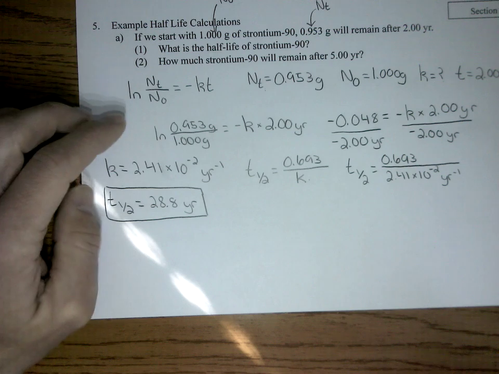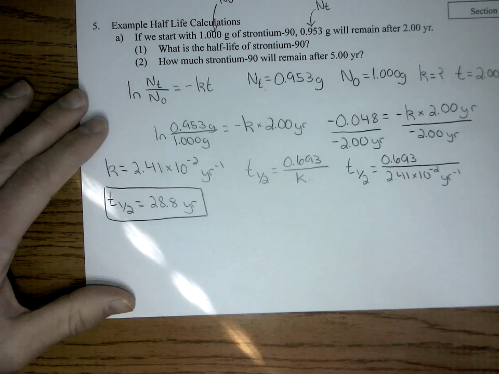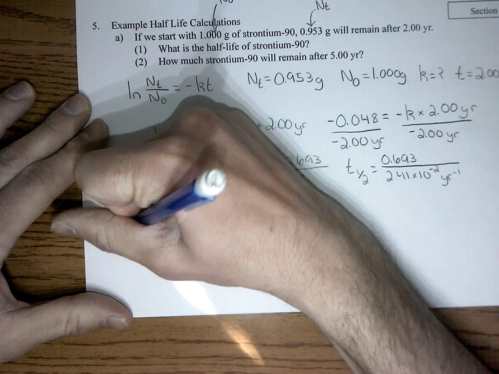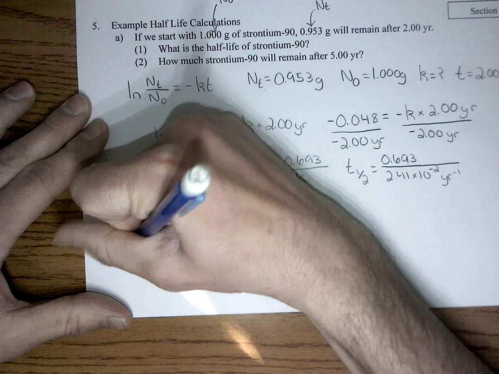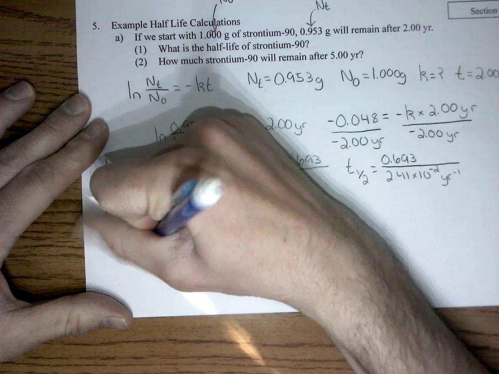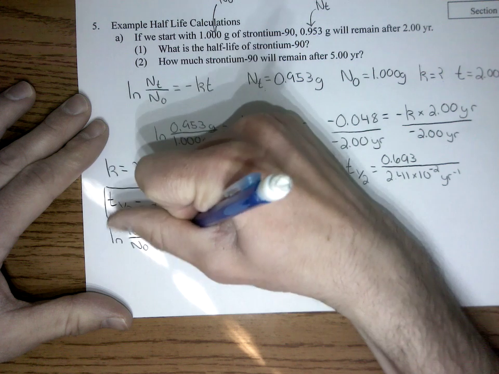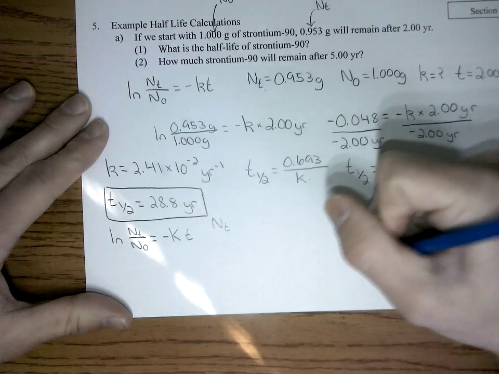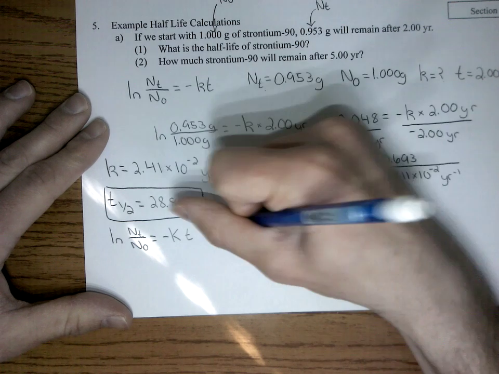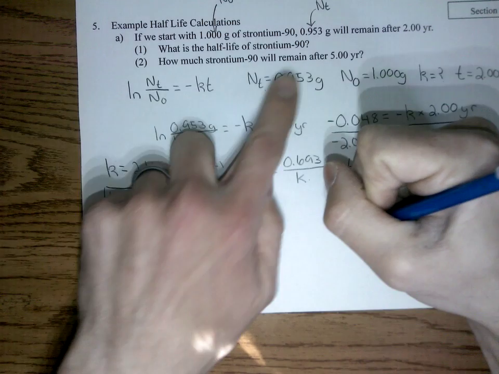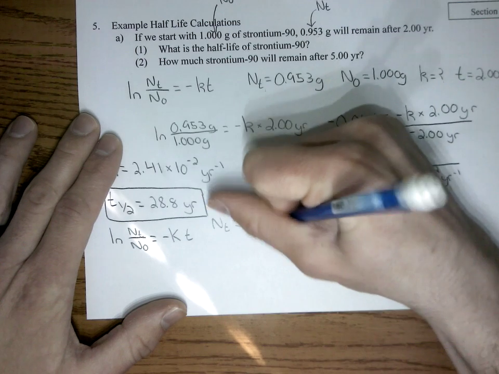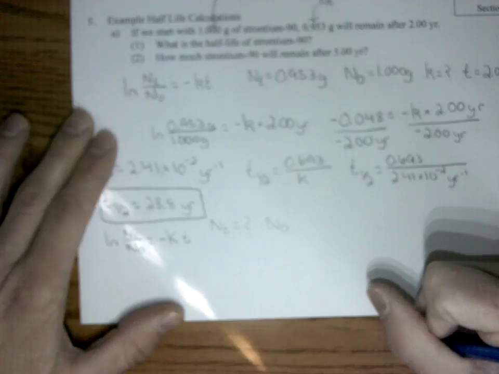So again, we turn to our integrated rate law for number 2 here. And so we go through natural log of NT over N naught is equal to negative K times T. Well, NT, again, is how much remains after a certain time. We do not know that. That is the question that we are trying to find. N sub naught is our initial substance.